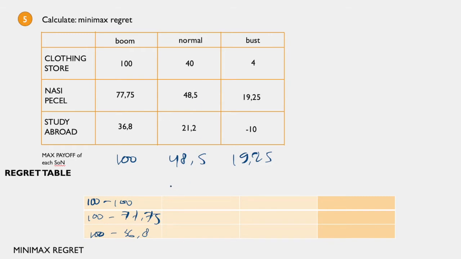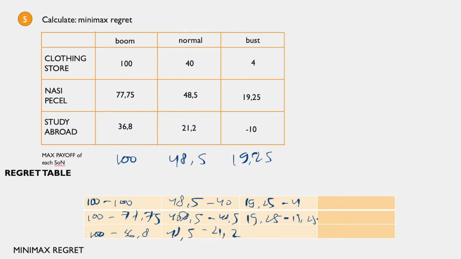Okay, and for normal, this is our anchor. So 48.5 minus 40, 48.5 minus 48.5, 48.5 minus 21.2. And for bust, our anchor is 19.25. So 19.25 minus 4, 19.25 minus 19.25, and 19.25 minus minus 10, so this will become positive.